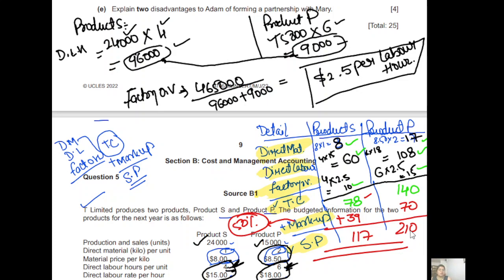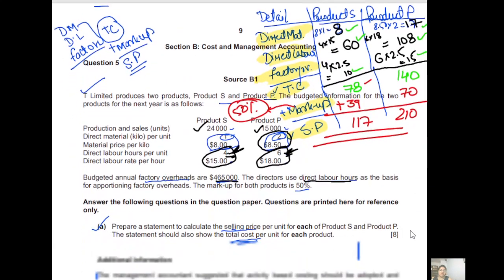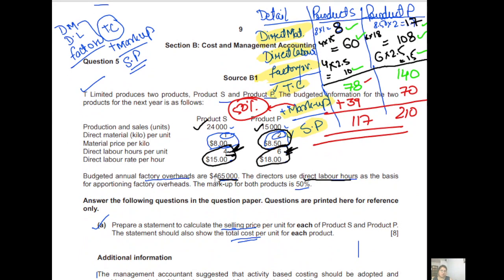I think everyone faces a problem related to the factory overhead, but don't panic. It is already given in the question that factory overhead is 465,000, related to T Limited, and T Limited produced two products, but they did not give a separate factory overhead for each.